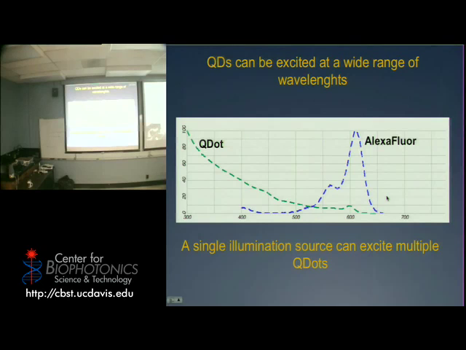And it's actually quite easy to remember: the larger the dot, the more red the emission is. And so it was kind of opposite. Yes, you're right. The gold particles, the larger they get, the more red they get.